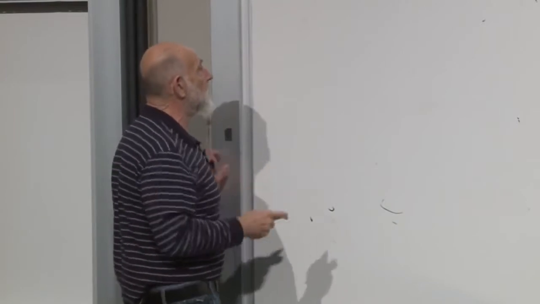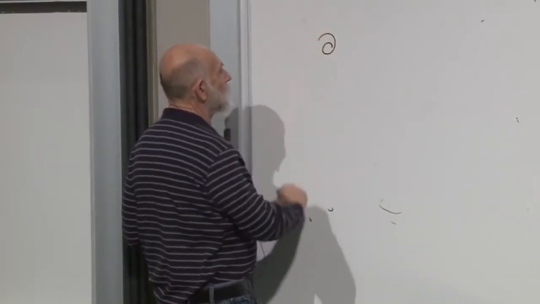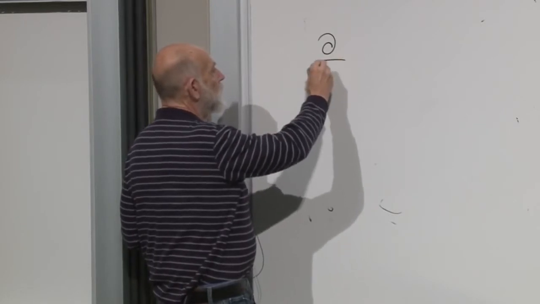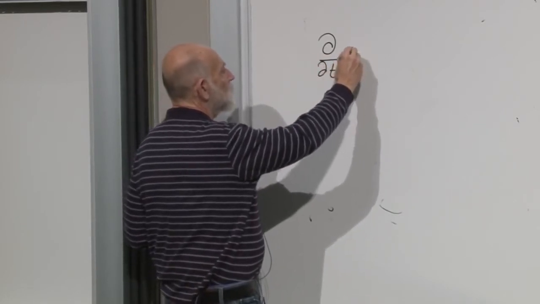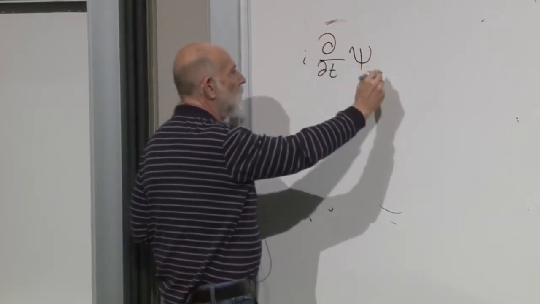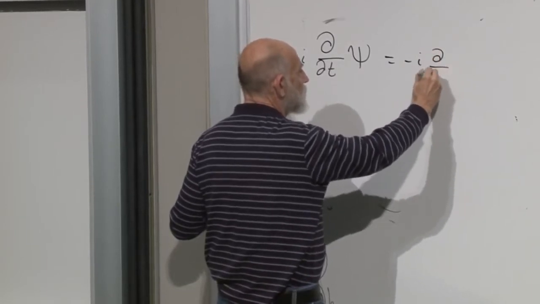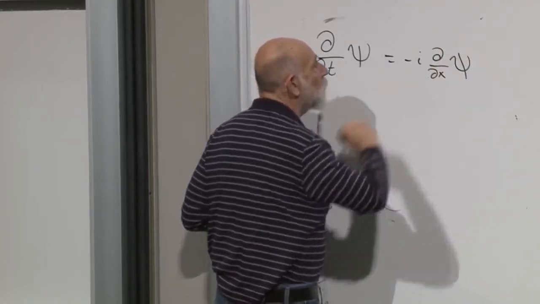Let's just go back through it. The simplest thing was just to write an equation which was d by dt of psi equals minus i d by dx psi, with an i there. This was for the case of one dimension.